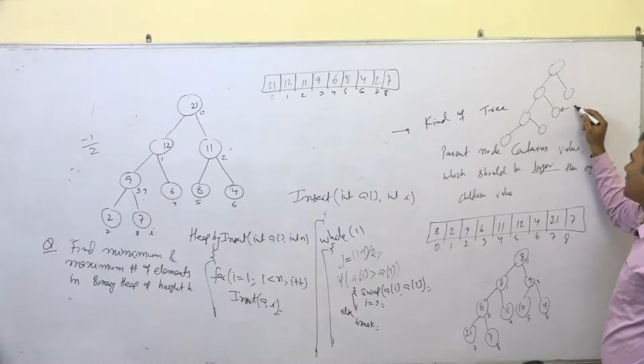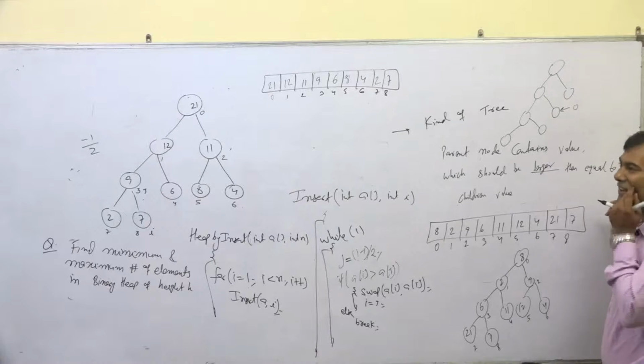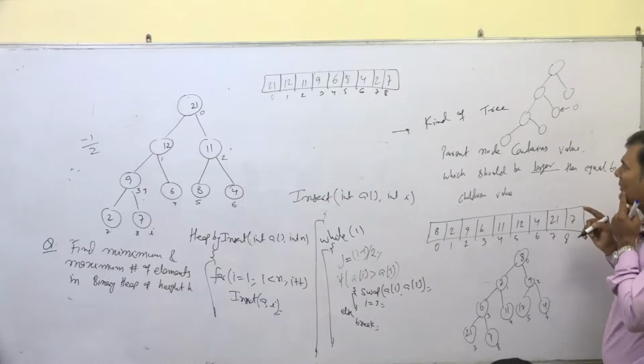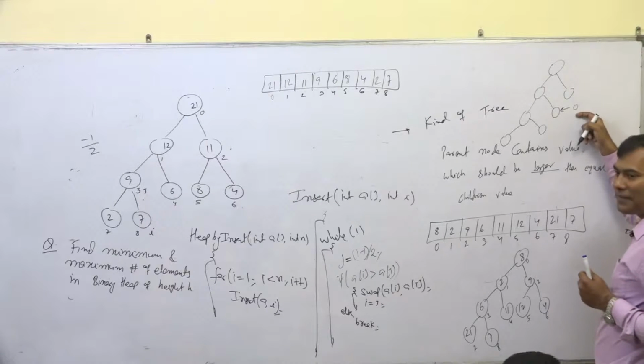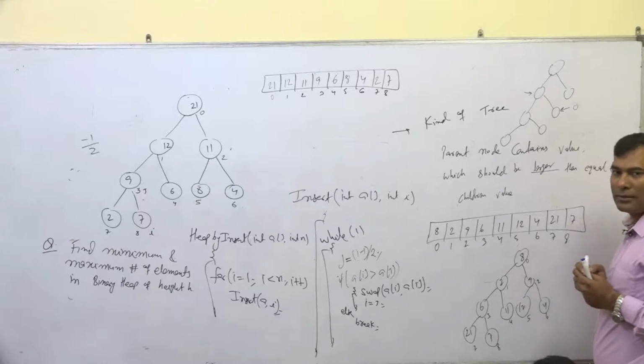Yes, height of this node is 0. क्लियर? 0. क्लियर? Tell me what is the height of this node? 2.